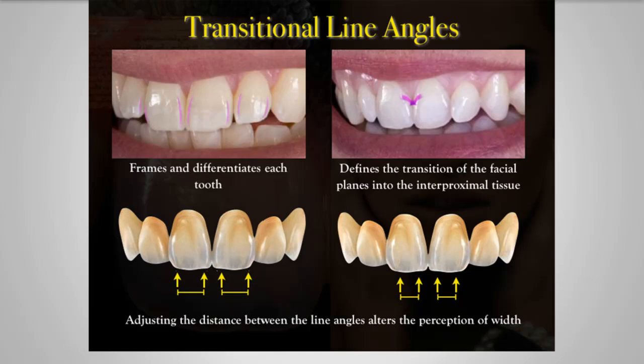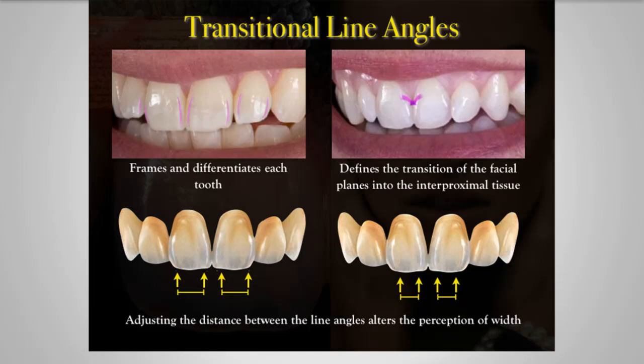Obviously, if you keep them farther apart, a tooth can appear wider, whereas if you move them inwards, these reflective zones define what would be the facial flat surface, if you will, of the teeth, and can give you the illusion of a tooth being fat or much more narrow than in fact it really is.